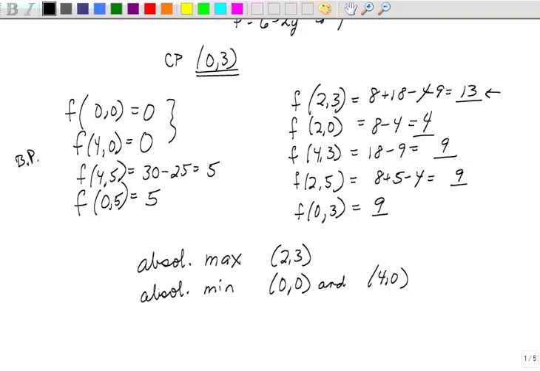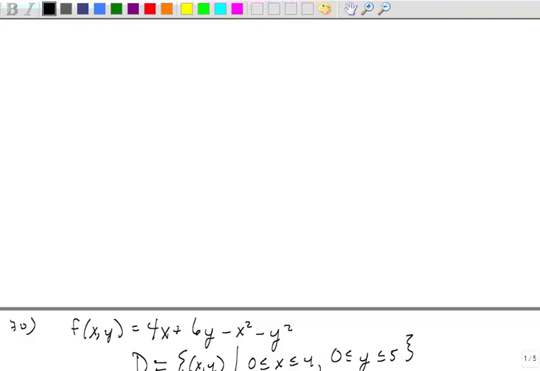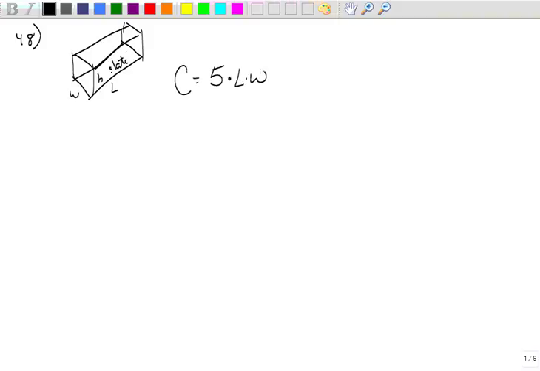Okay, now number 48, we have a slate bottom aquarium. This is the height, the length, the width, and this is slate on the bottom. And slate's 5 times as much, so the cost is going to be 5 times the length times the width.